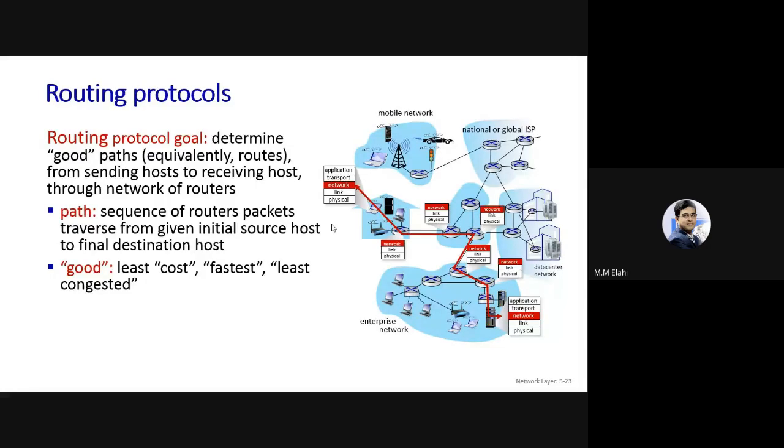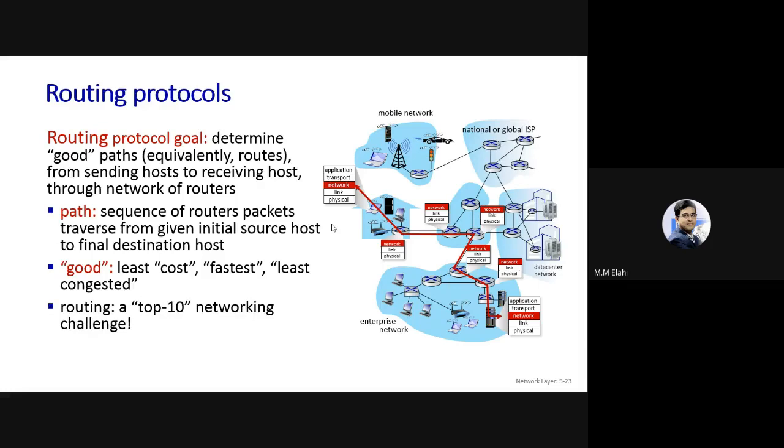Maybe you want to go from Mohammadpur to our permanent campus. Even if you use your private transport, your cycle or your bike, you select a path based on the lowest distance, or the minimum possible time, or the minimum possible expense. So there can be multiple factors to select the goodness of a path, but ultimately any routing protocol finds a best path or least cost path based on those factors.